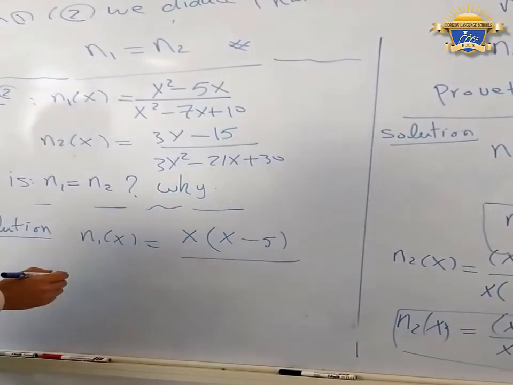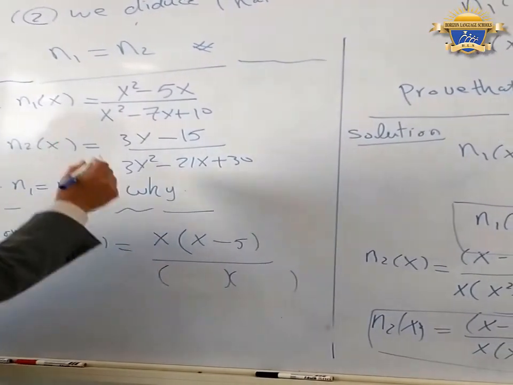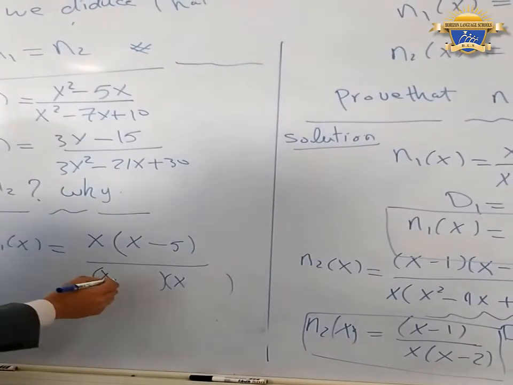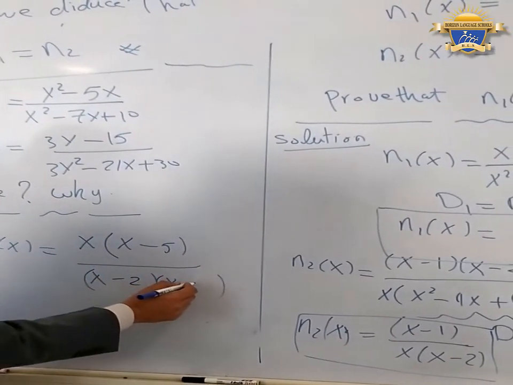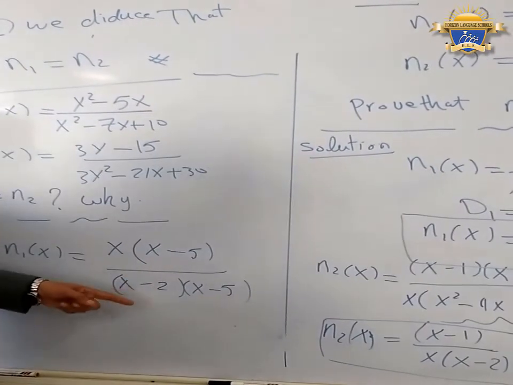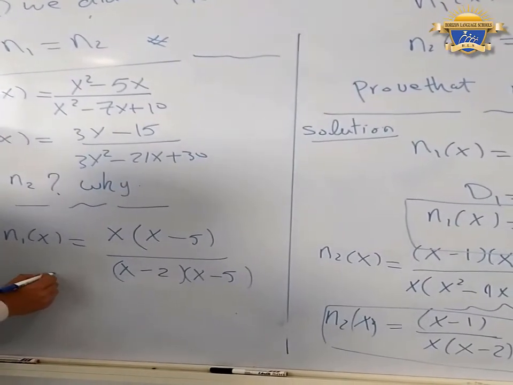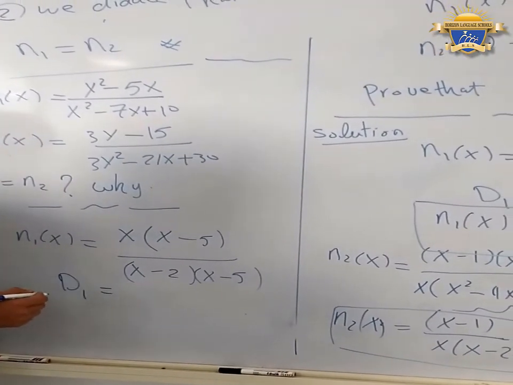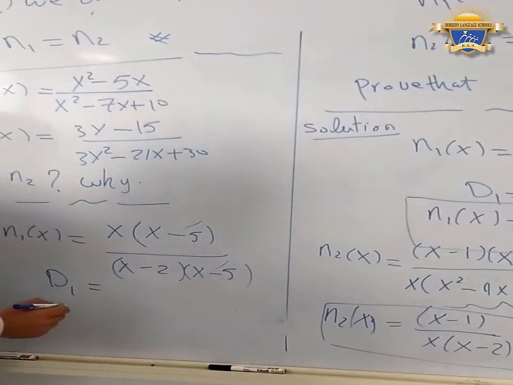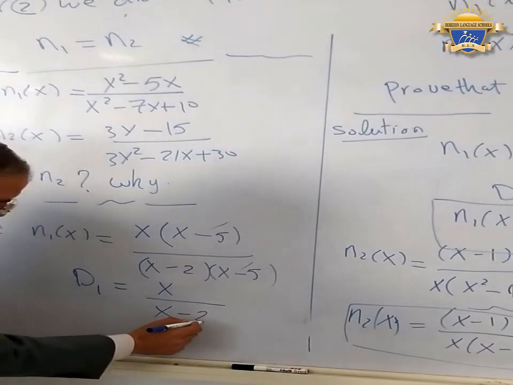The denominator: x squared equals x times x, 10 equals negative 2 times negative 5. The product is positive 10 and the sum is negative 7. The domain D1 equals R minus {2, 5}. Cancel x minus 5 with x minus 5. The remainder is x over x minus 2.